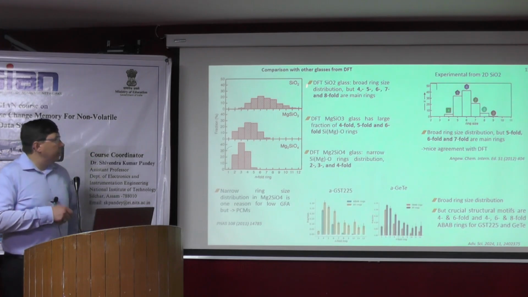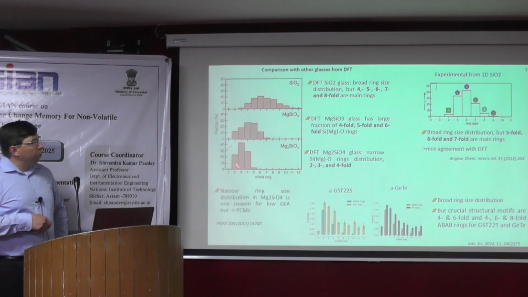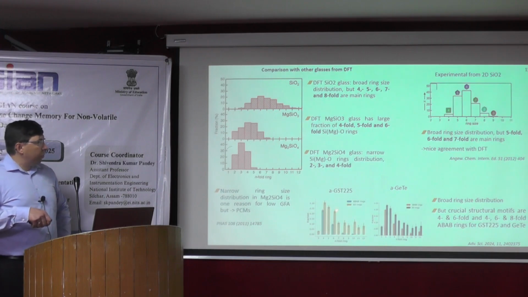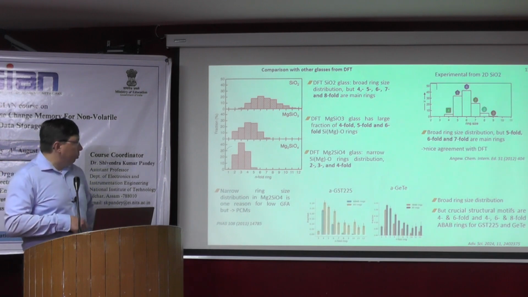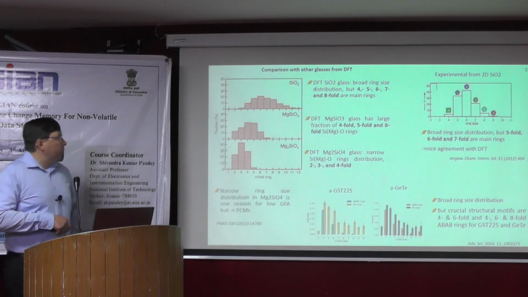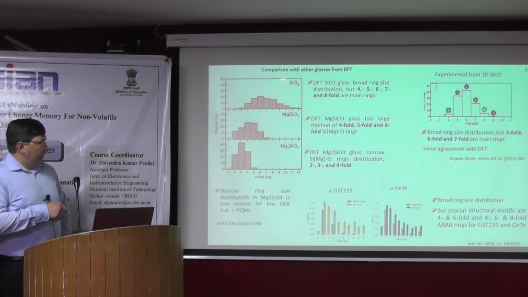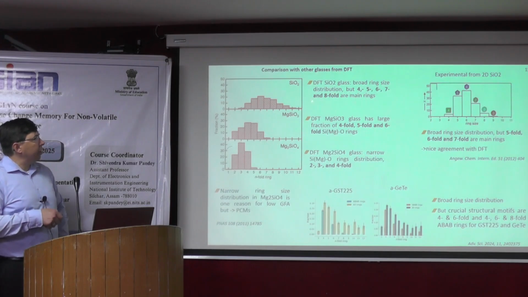We want to compare it with the ring statistics of typical amorphous GST225 and amorphous germanium telluride. In the case of glasses, the ring statistics are dominated mainly by 4, 5, 6, 7, and 8 rings.